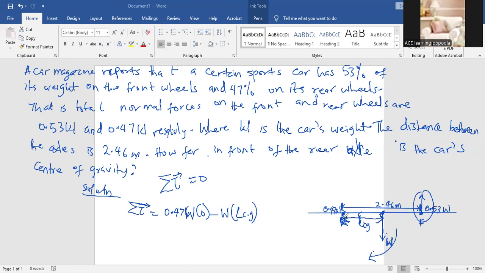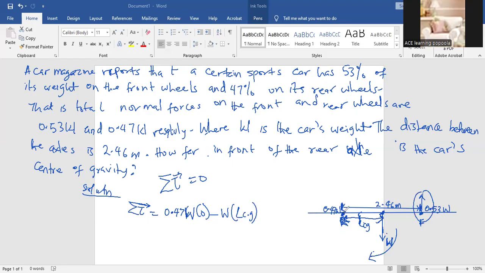Again, let me repeat myself. We're taking all our moments with respect to this position. We are seeing how the rotation will act with this point R as our reference. Taking this point R as our reference, the reaction of 0.47 W will not cause any rotation about this point because it is located on that point.